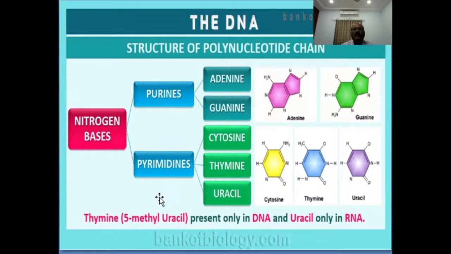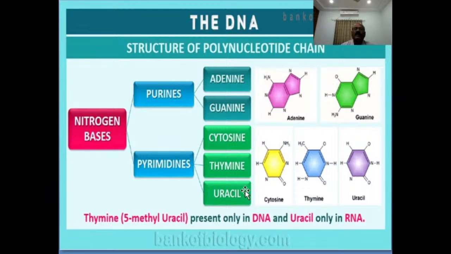DNA possesses 4 types of nitrogen bases. RNA also possesses 4 types of nitrogen bases. So in DNA, adenine, guanine, cytosine, thymine, these 4 nitrogen bases are present.